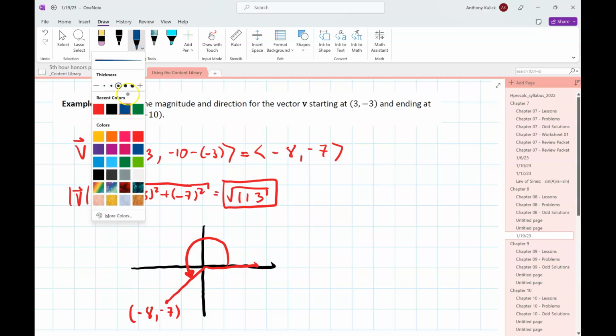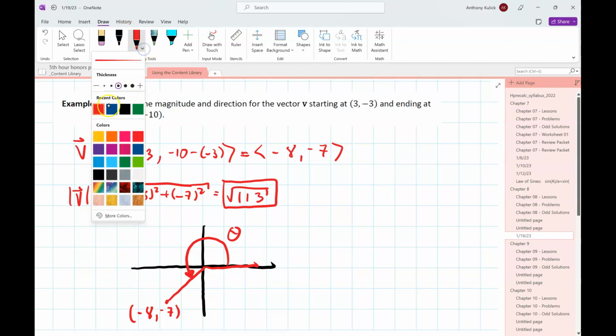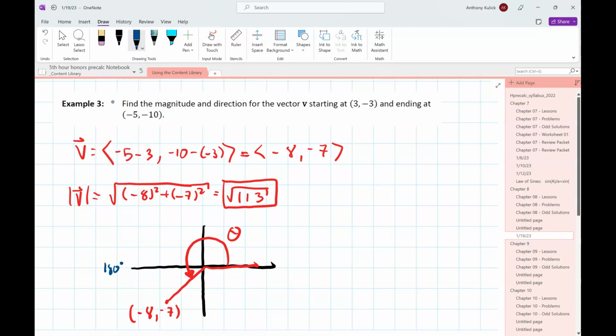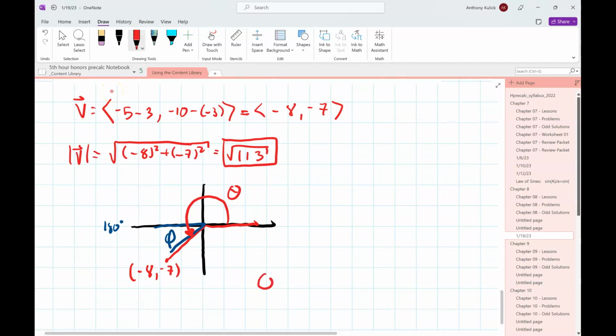So I know then that this angle theta is going to be 180 plus this angle phi. Exactly what we did in first semester. So we'll say theta equals 180 plus phi.